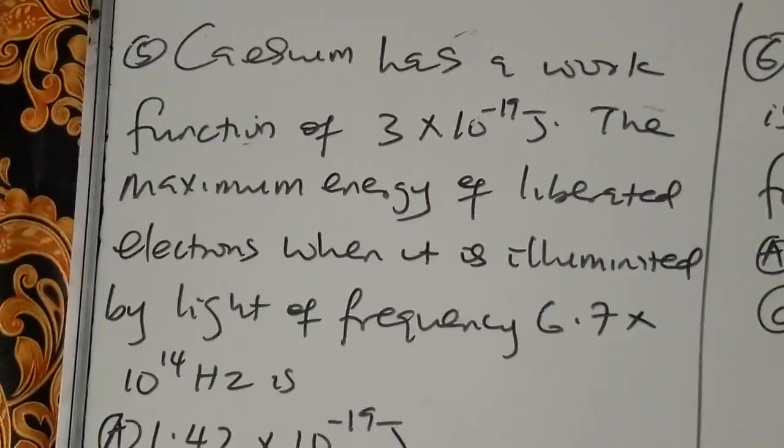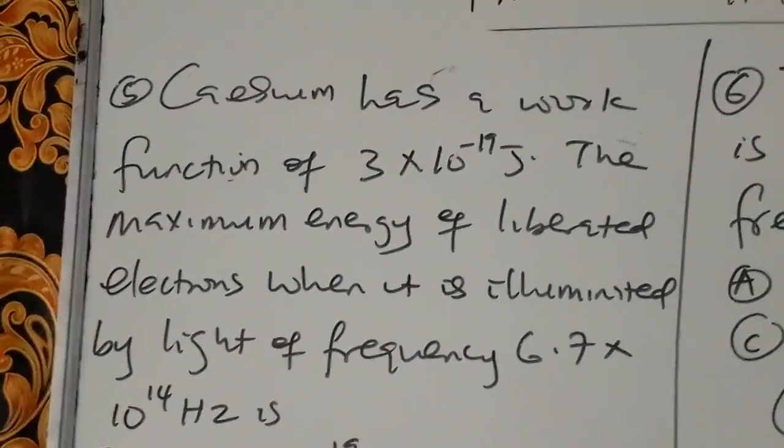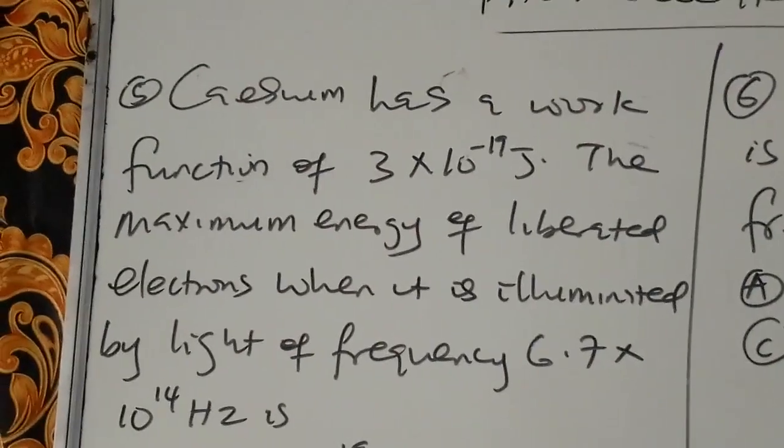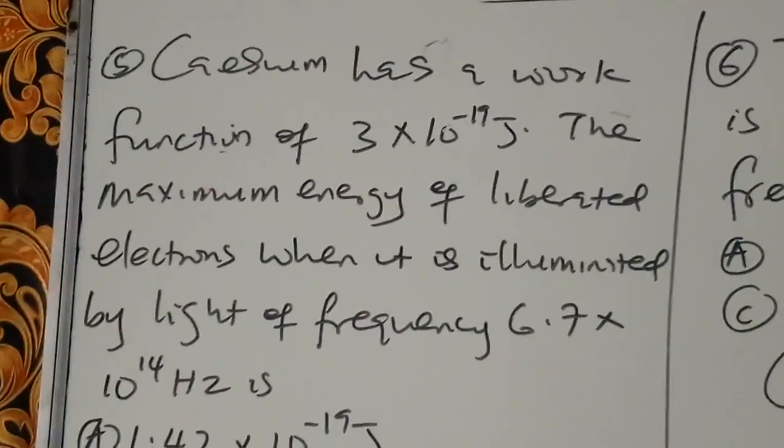The maximum energy of liberated electrons when it is illuminated by a light of frequency 6.7 times 10 to the power 14 Hz is. Now we look at this problem.